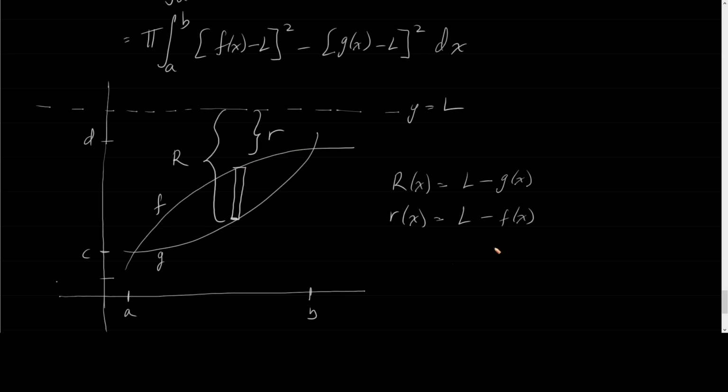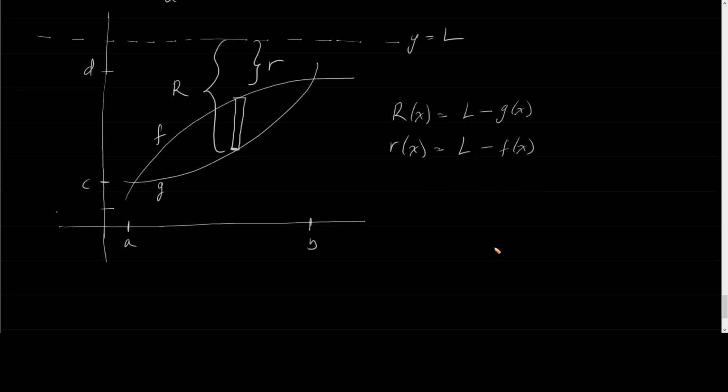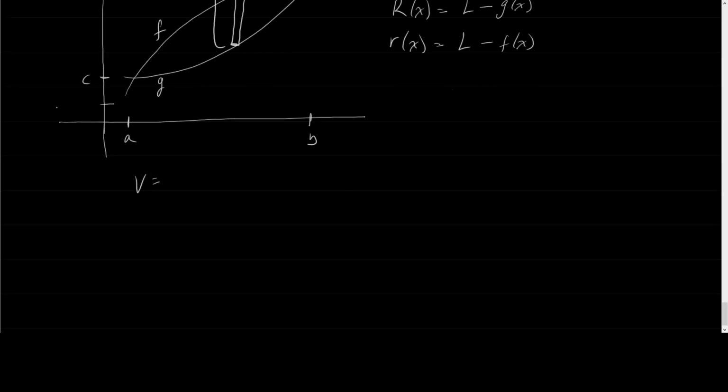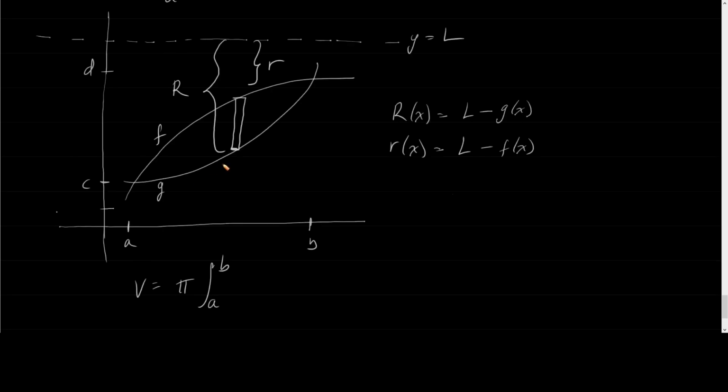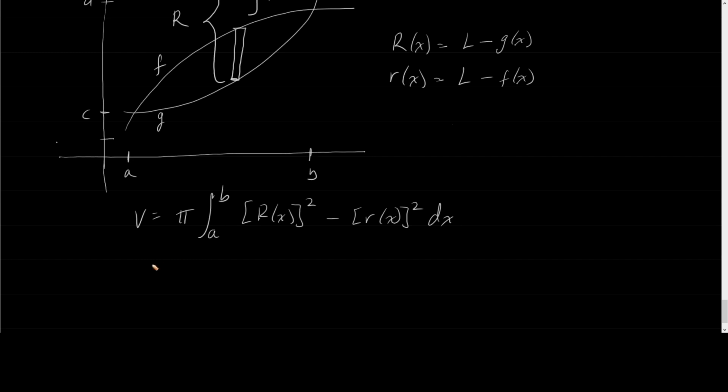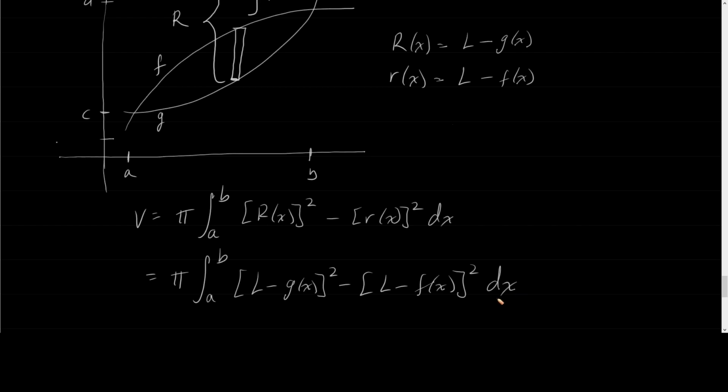All right. And now we need to do the same exact idea. Volume is pi times the integral from a to b of big radius of x squared minus little radius of x squared dx, meaning that this formula is actually pi times the integral from a to b of L minus g of x squared minus L minus f of x squared dx.